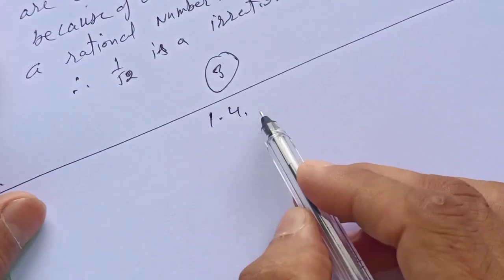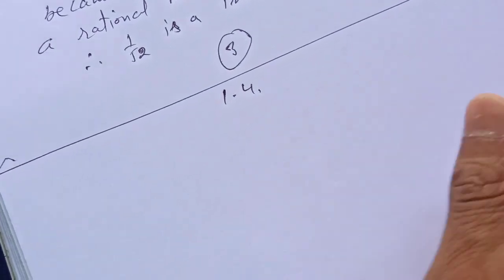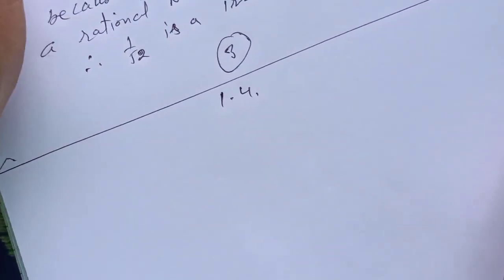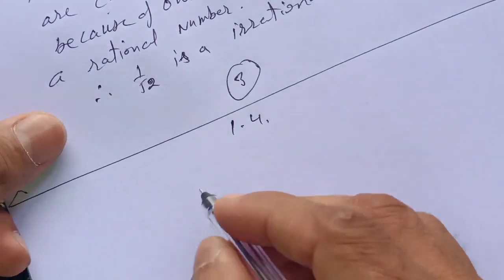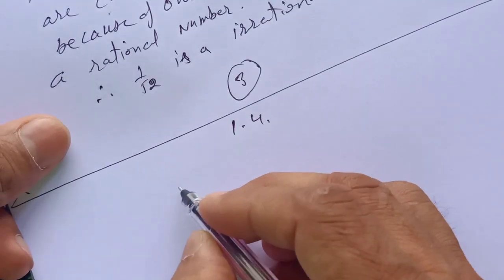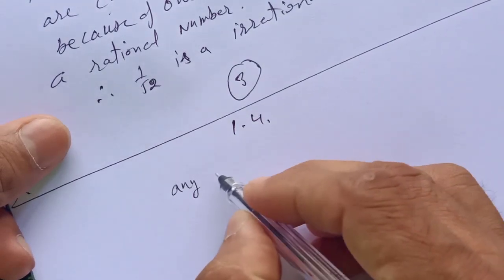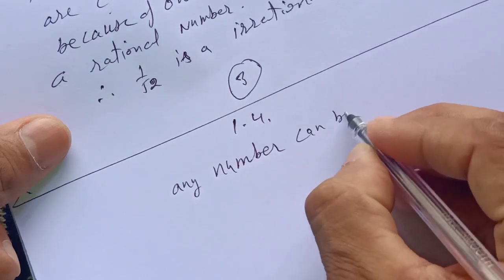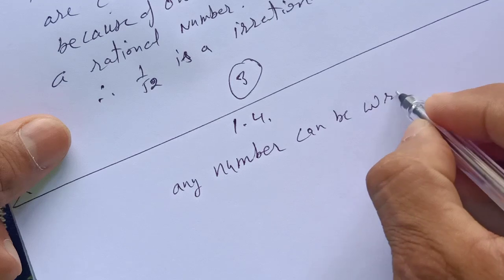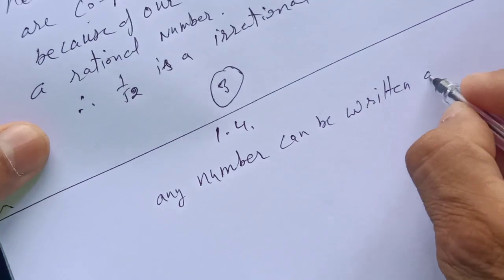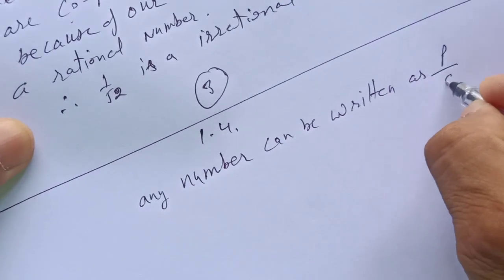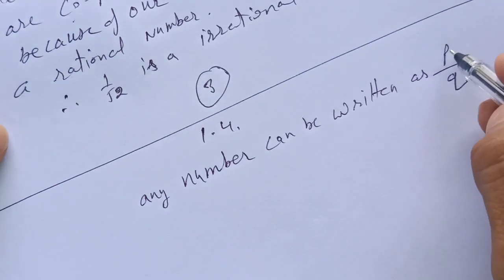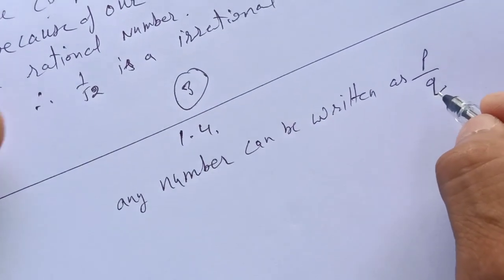To understand 1.4, you have to first understand the basic. Means any number can be written as p by q. p is numerator and q is denominator.